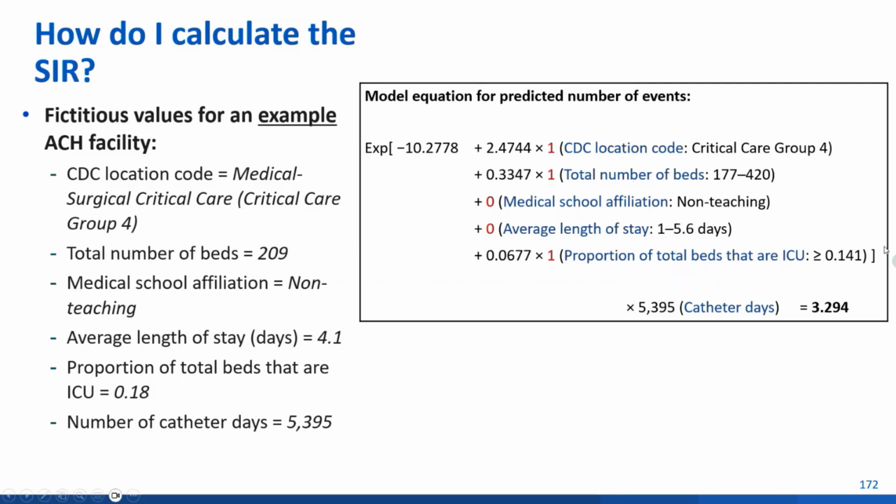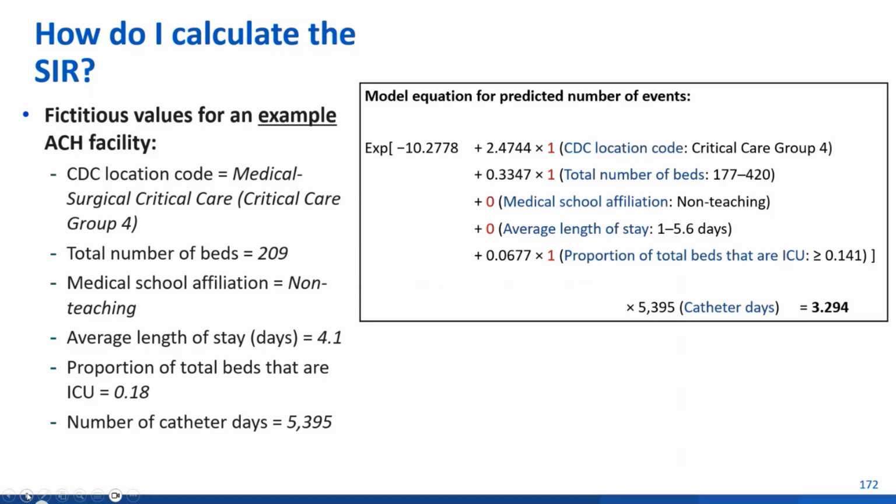So more details, including a step-by-step breakdown of this calculation, is also provided in our SIR guide on the website with additional details. And I will read out the equation for this made-up facility.